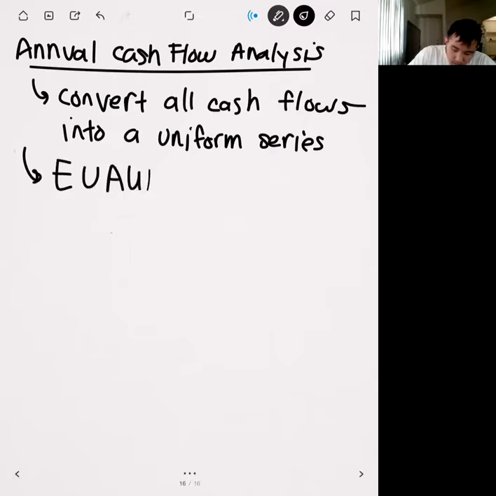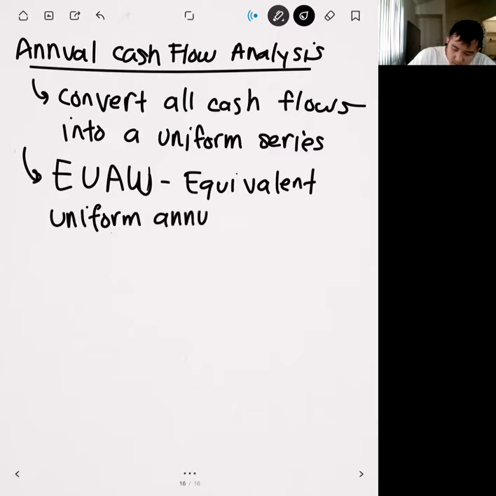It's a very long acronym, but all it means is equivalent uniform annual worth. And all this is just another name for A. So when you see that, don't panic.